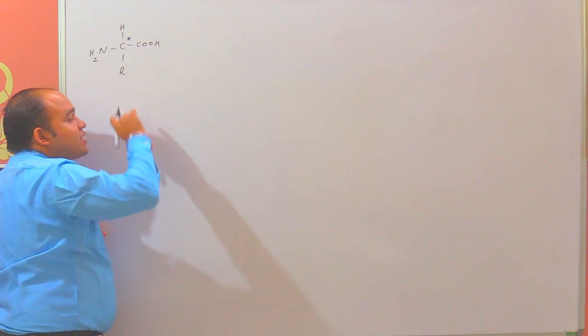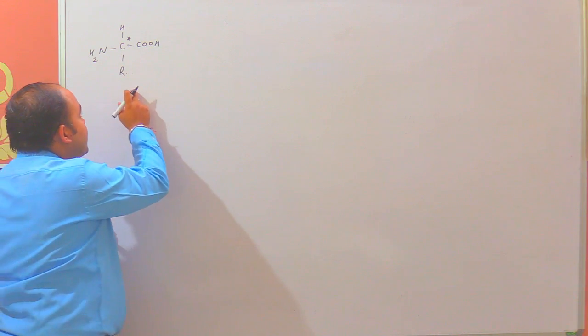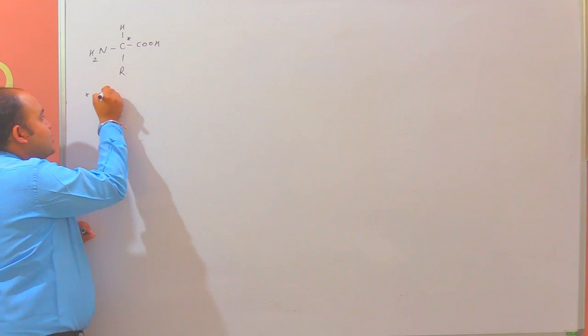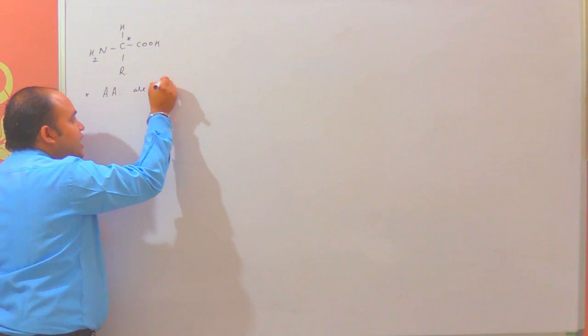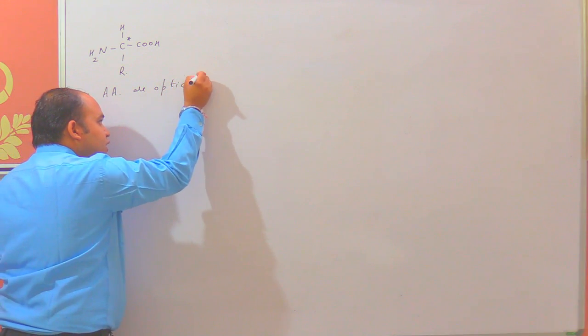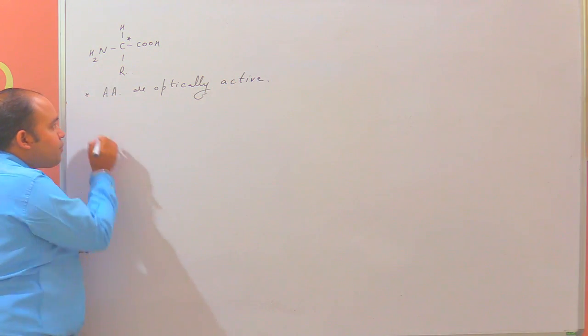As the four valencies are completely different from each other, amino acids are optically active.